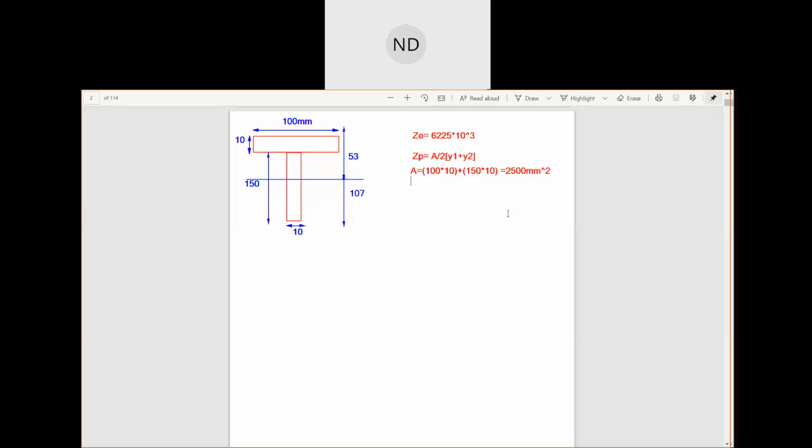Now we have to find out the equal area axis. To find the equal area axis, we have to assume an axis somewhere here.